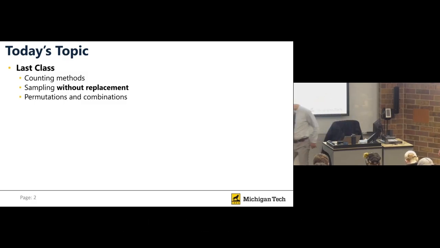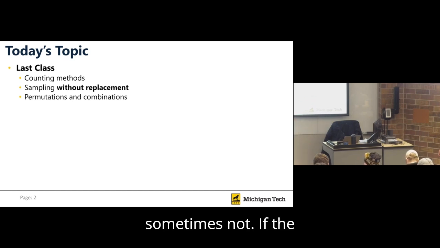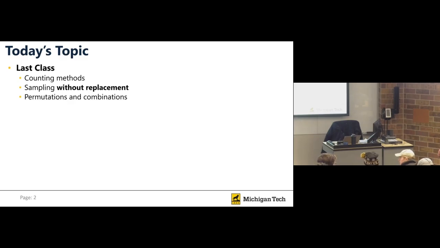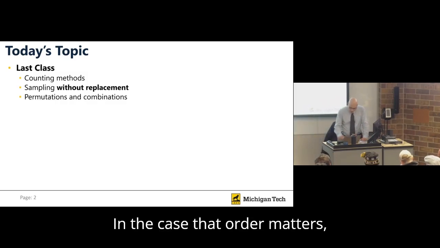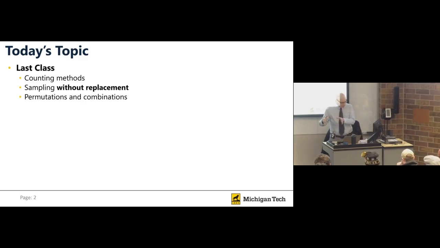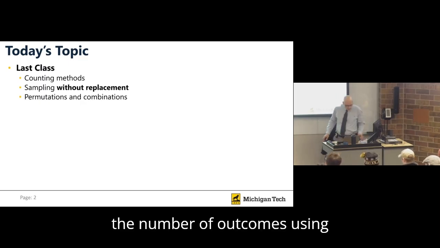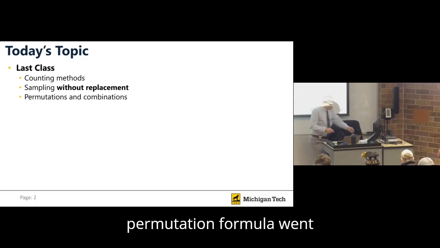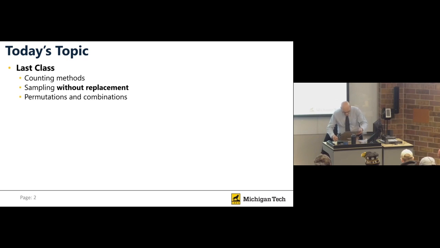Sometimes order matters, sometimes not. If the order matters, the counting becomes larger, because different orders are considered different sequences. In the case that order matters, we said we can count the number of outcomes using the permutation formula.